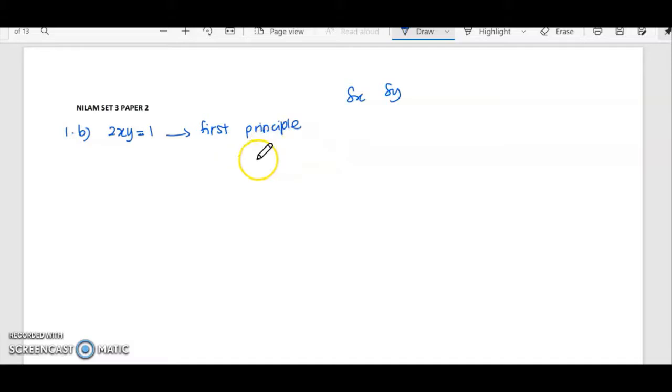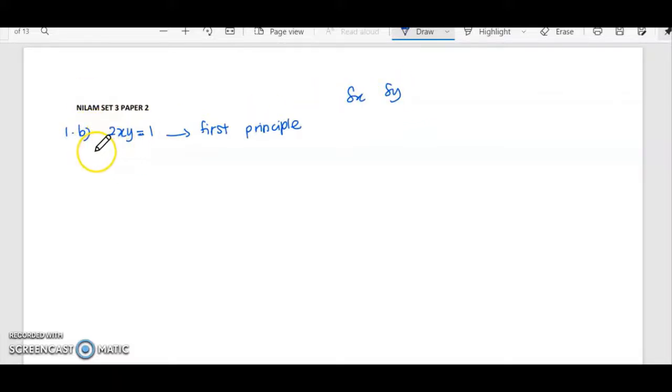Okay, so kita andaikan untuk buat differentiation ni, kita akan assume setiap kali nilai x dengan y ni dia ada perubahan value dia. Perubahan sikit-sikit yang hampir kepada value asal tu, kita letak delta x dengan delta y.